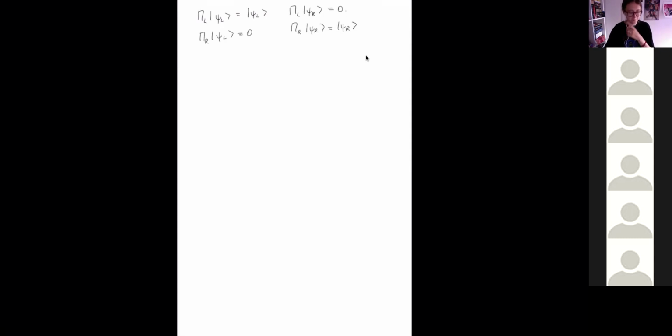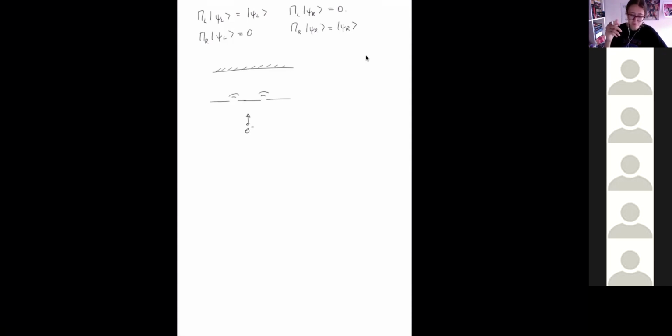Then let us come back to our setup of the experiment. We have the double slit, we have the electron going in, then we have here psi L, psi R, and then we have a screen in the end. And what we will see is the interference pattern.